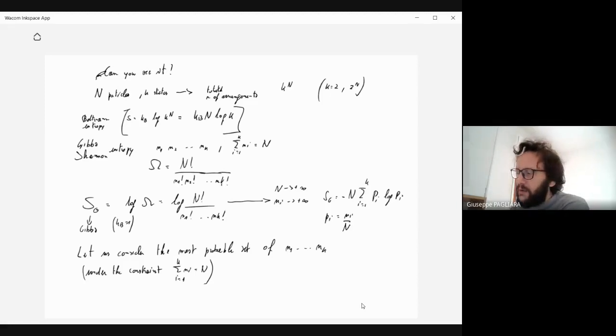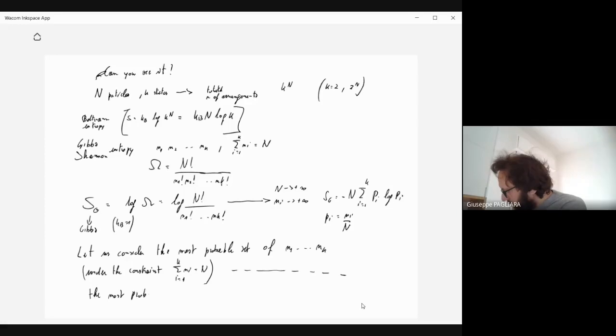Okay, so we have a situation in which we have to maximize a function of several variables while respecting a constraint. And so to do that, we applied the Lagrange multiplier method, and at the end, what we concluded is that the most probable configuration is the one for which p_i is equal to 1 over k.